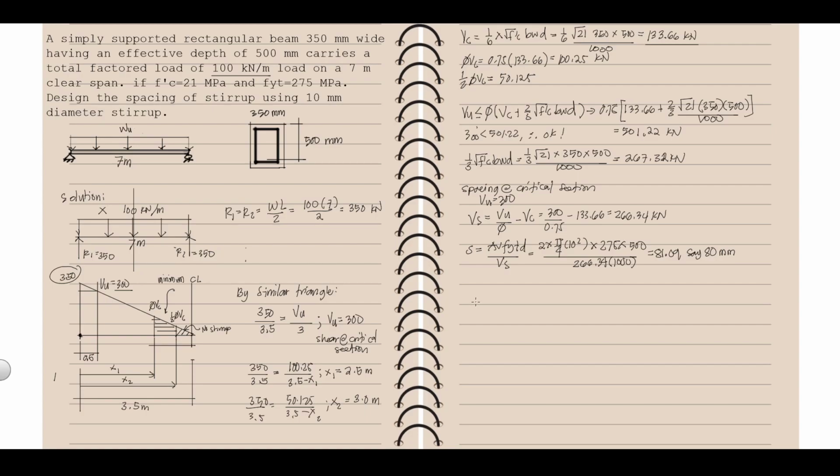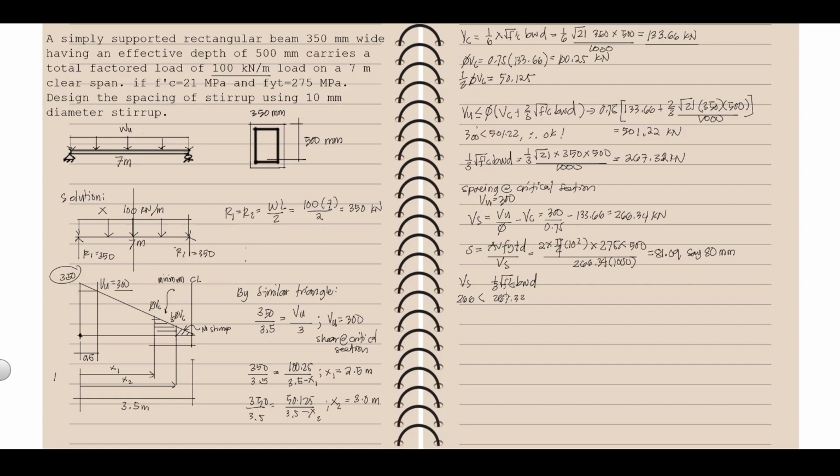Okay, so to get the S-max, we need to compare our VS to the value we computed here, yung 1/3 square root of F prime C BWD, so 267. Yung VS natin is 266, which is less than our 1/3, which is 267.32.